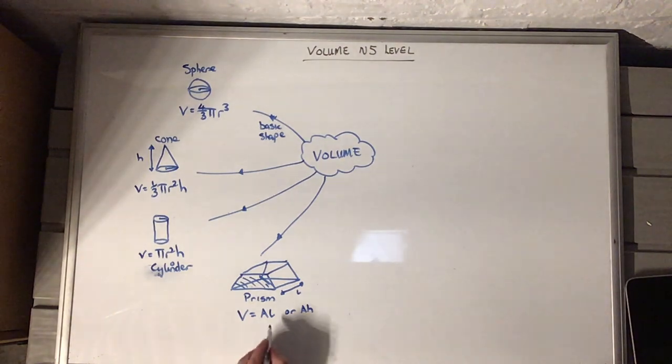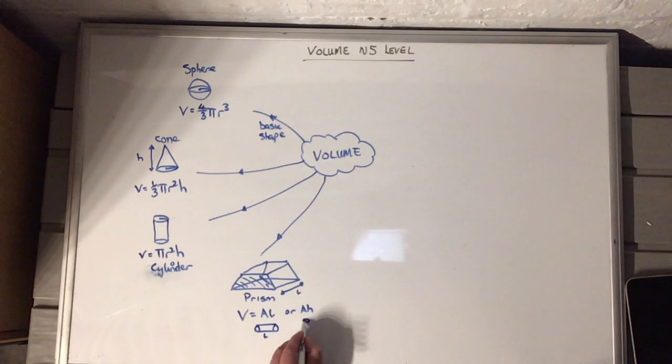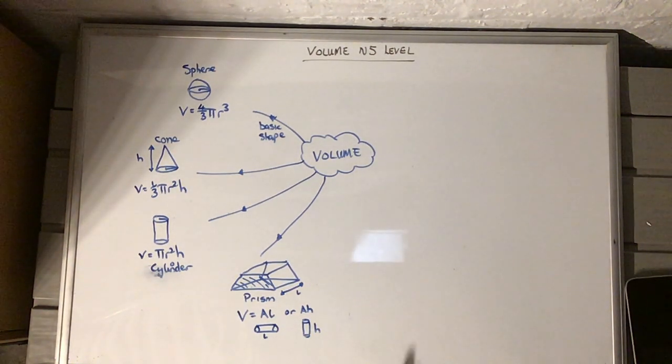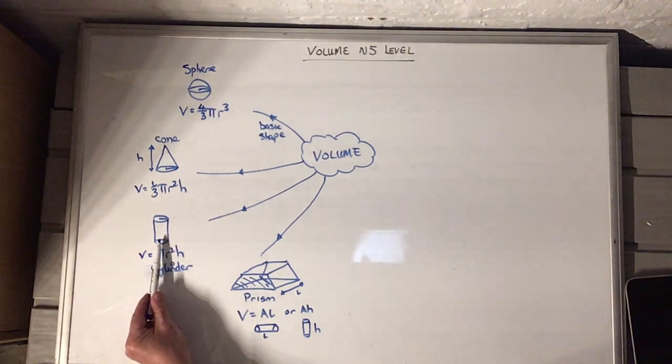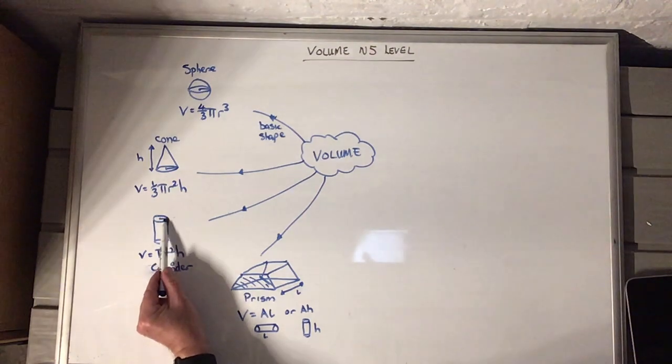Okay, so if I maybe show you a cylinder for this. A cylinder is a prism, it's a circular prism. The area at the side is the same, that would be length. But if it's standing tall, just like this one over here, then it would be H. And that's the difference between them. Now I said the cylinder is a prism, and it is, so see the circle part of it?